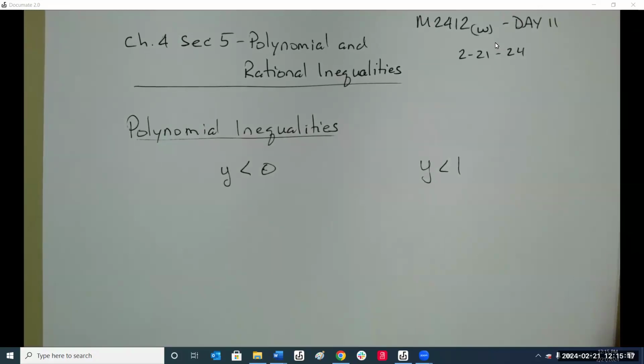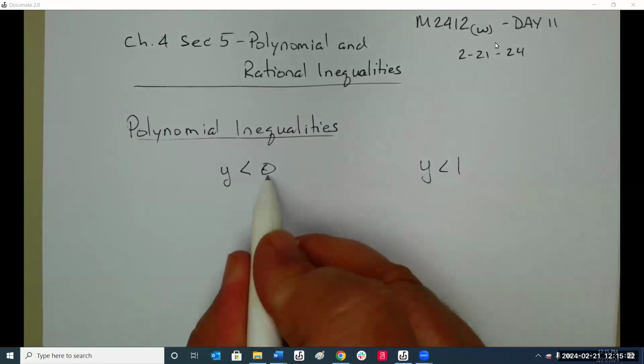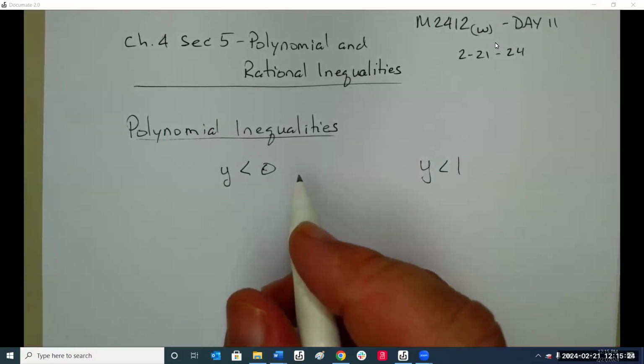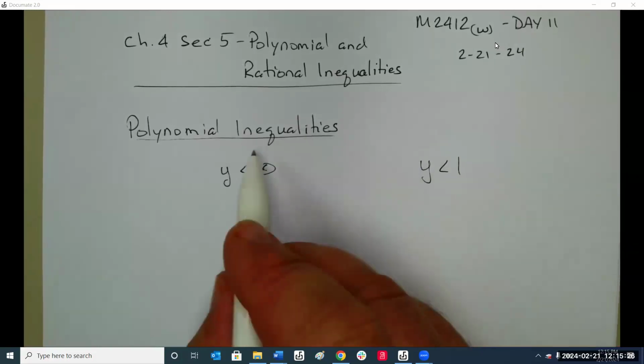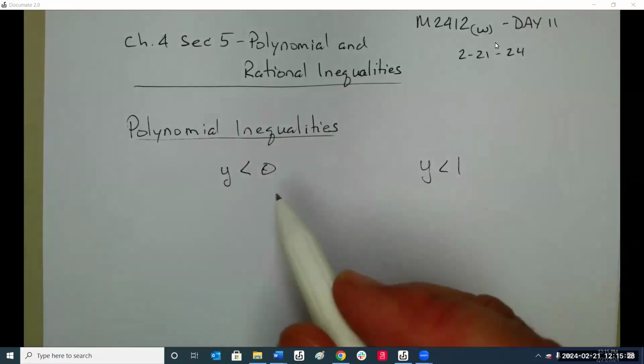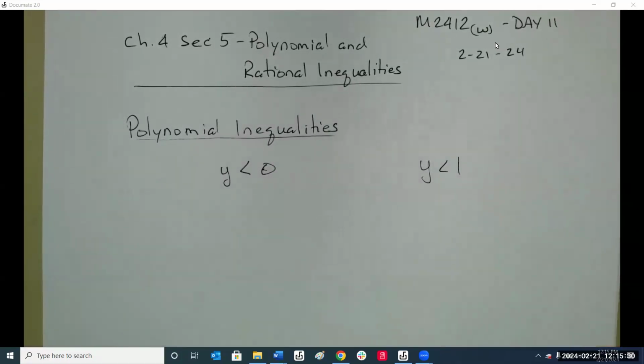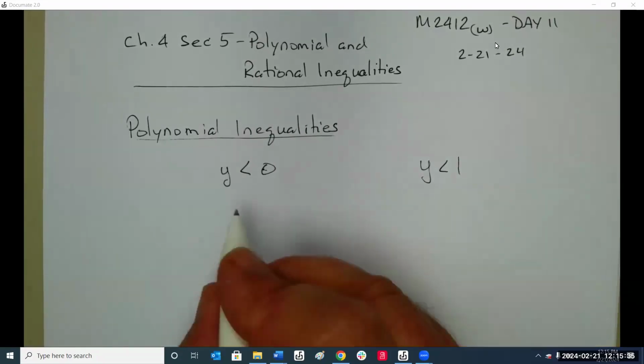Many ways. It's 4 minus 3, 5 minus 4, 6 minus 5. If you set it equal to 0, there's only one 0. So whatever you have in your polynomial or rational inequality, set it equal to 0. In other words, move everything over to one side.